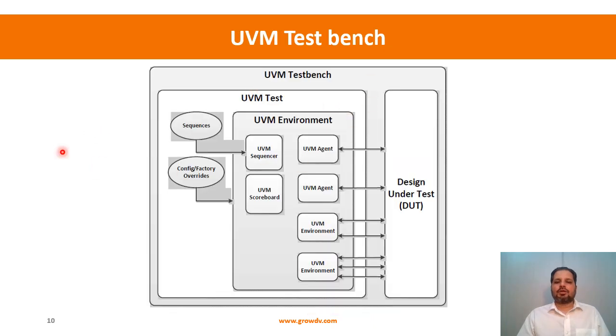Okay, so this is how the overall UVM test bench looks. So you'll have a design under test, and then you have this UVM test, and what happens is the UVM test will instance the UVM environment, and then this design is connected to this UVM environment using a set of SystemVerilog interfaces, and those interfaces are passed to the environment using the config db.